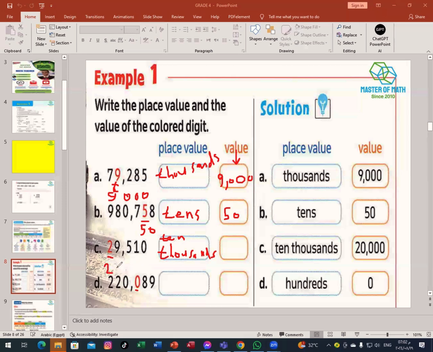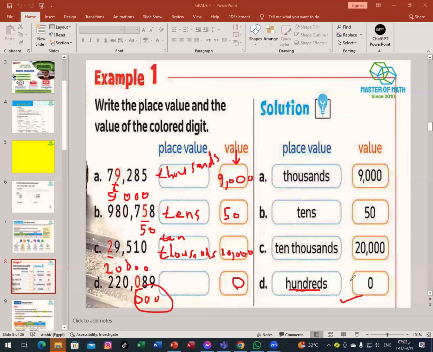I make 9, 0, 5, 0, 1, 0, 0, 0. So I have 4 zeros. And don't forget the comma. Okay. 0. Place value of it is ones, tens, hundreds. So hundreds. And the value of it, if I make a shadow and put 0, 0, it's 3 zeros. In the end, it's 0.